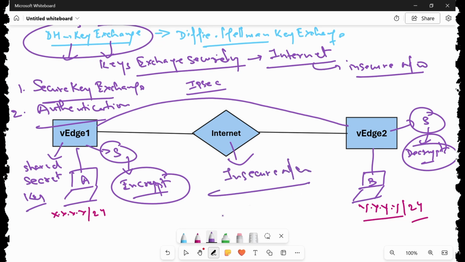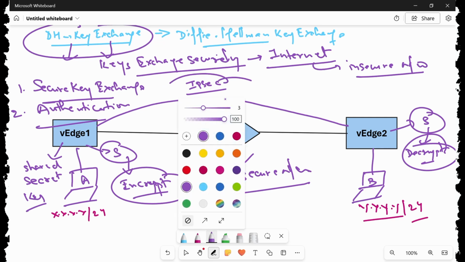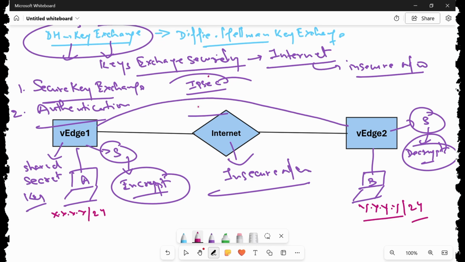And it helps in the foundation of this IPsec tunnel, to create this data tunnel.